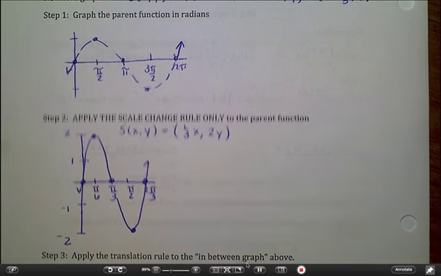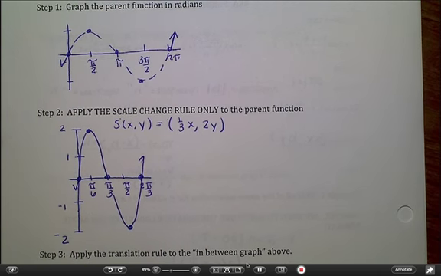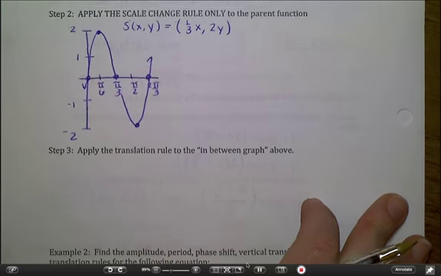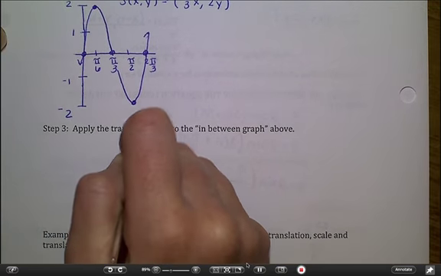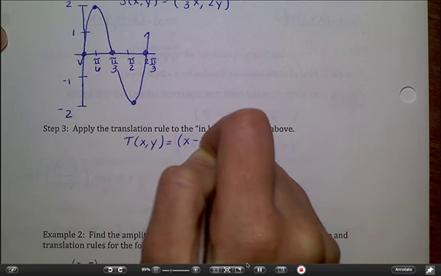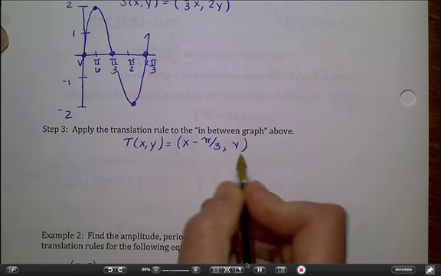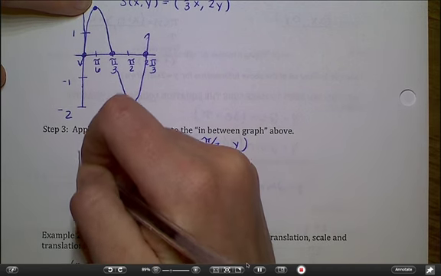We now have to take this graph. This is just our in-between graph. We have to take that graph and apply this translation rule, sorry. Now the good news is I don't have to do anything to the y values. They're going to still go up to 2 and down to negative 2.